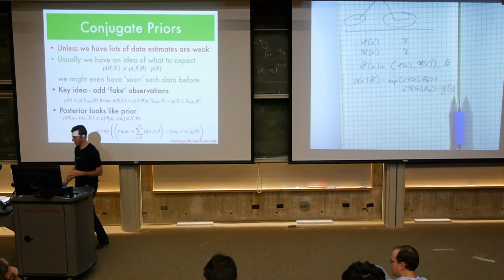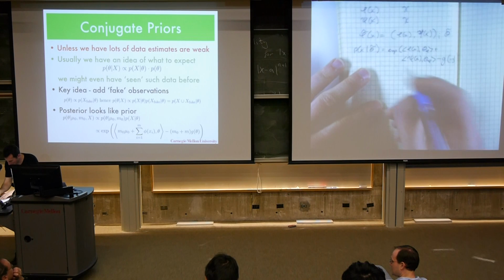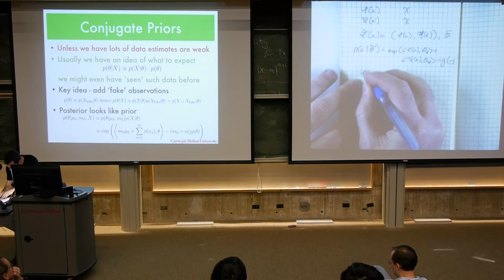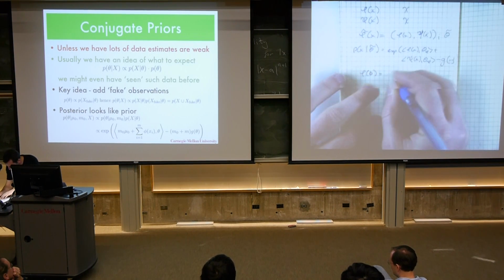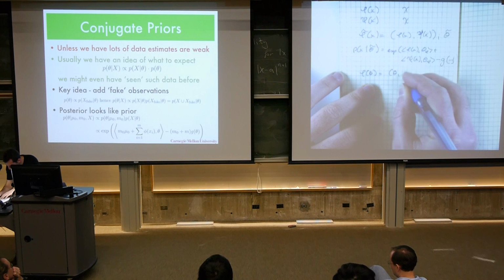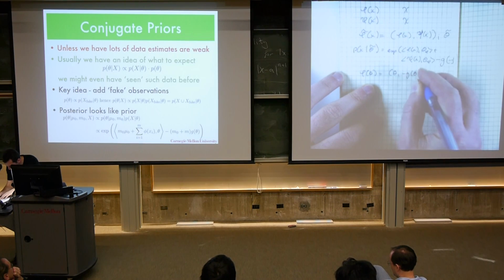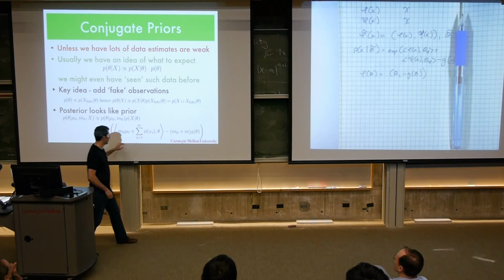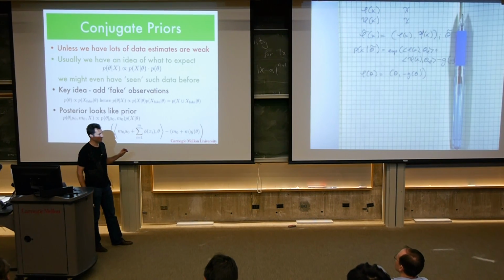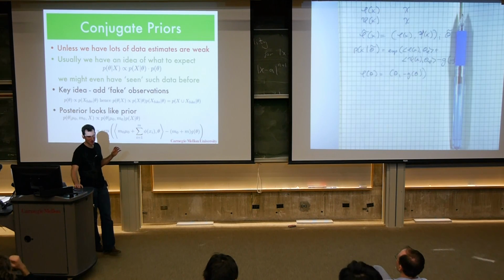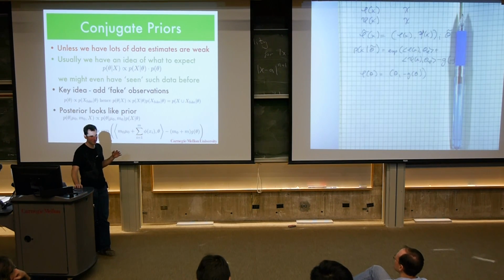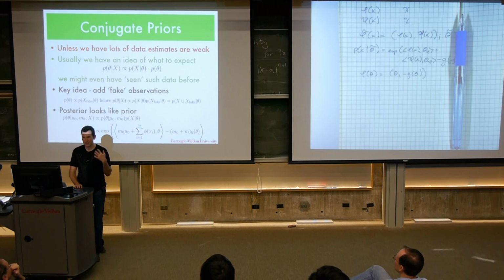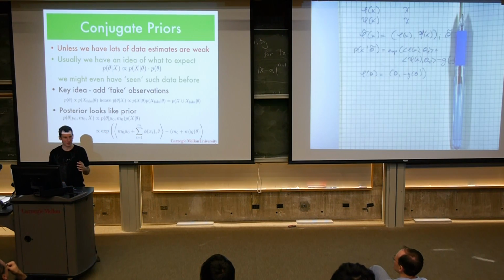So I can have a phi of theta be theta and minus g of theta. And lo and behold, this just so happens to be another member of an exponential family, but a slightly larger one.